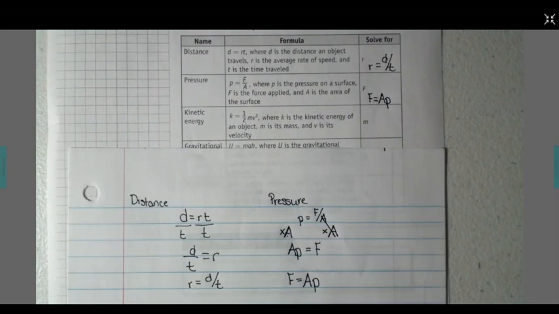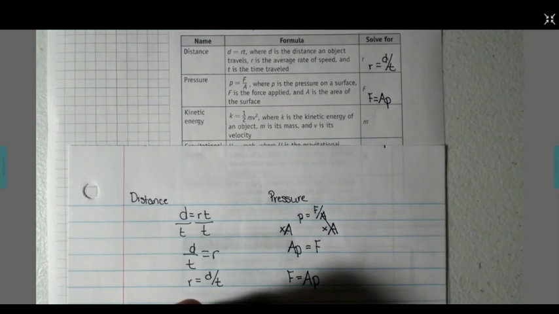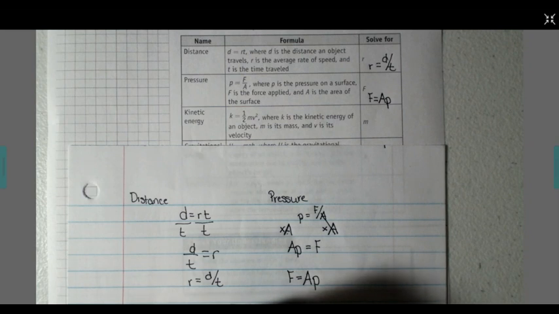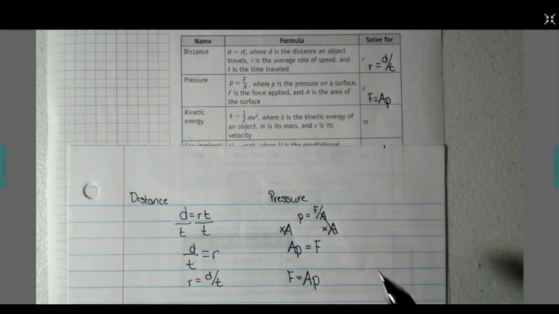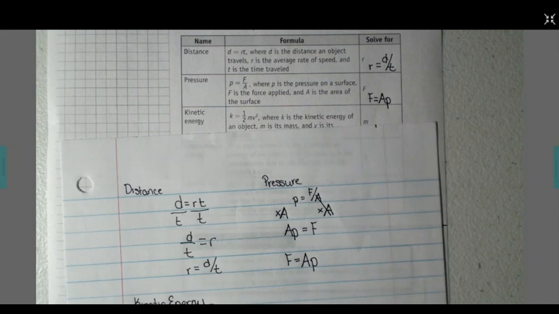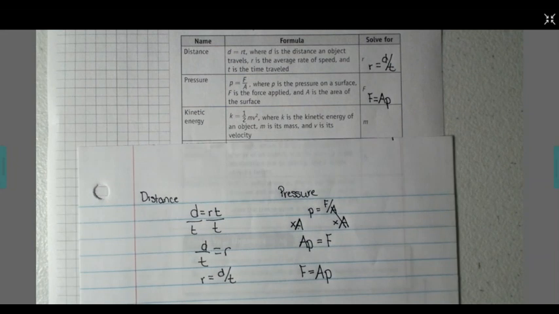Kinetic energy. All right, the kinetic energy equation says K equals 1/2 mv squared. It says K represents my kinetic energy, M represents the mass, and V represents the velocity.